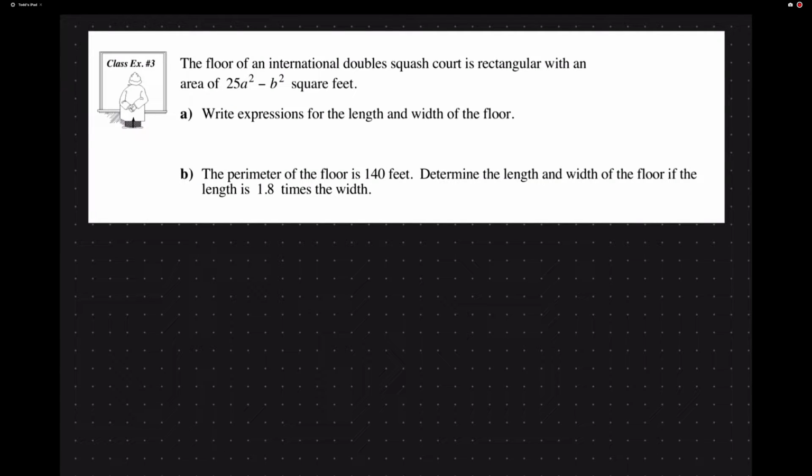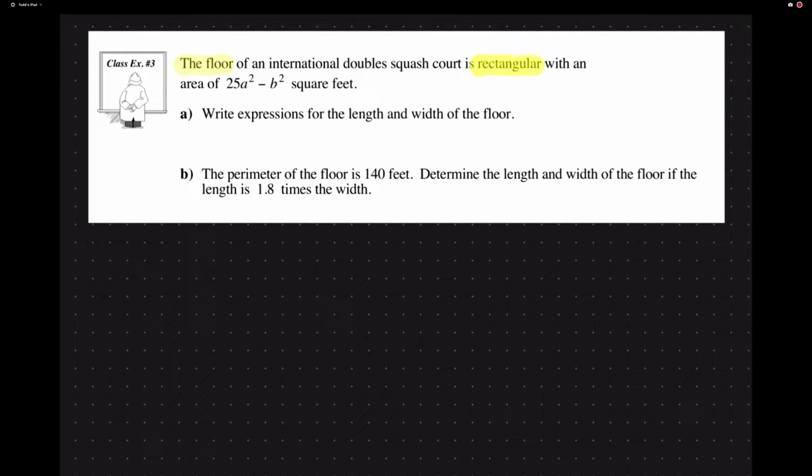All right, class example 3. It's been easy to this point, and now we're into everybody's favorite, word problems. But let's do what we're supposed to do and break it down, take it slowly, step by step, and double check to make sure we're doing everything right. So what does it say? We've got a floor. It's a squash court, not really important.